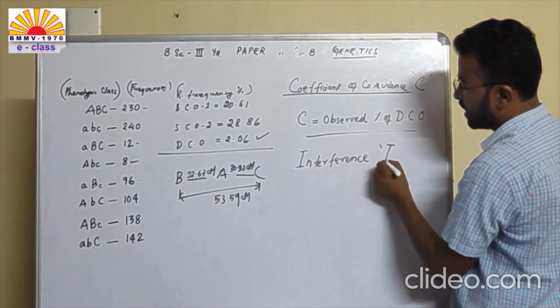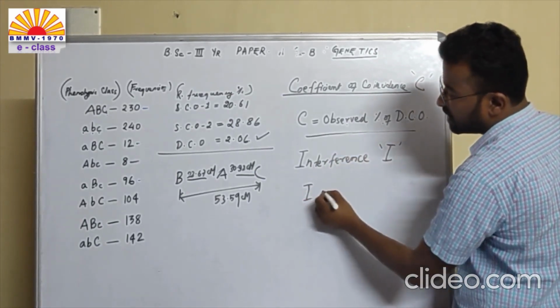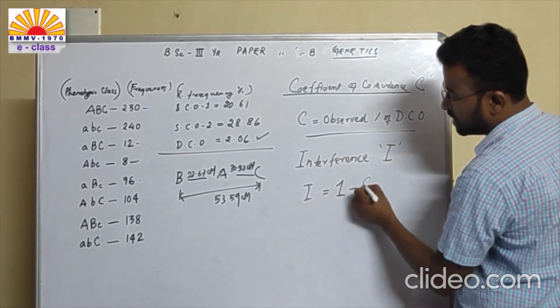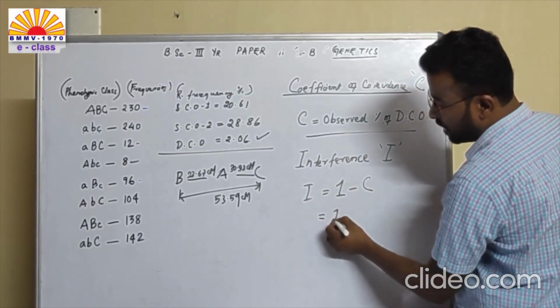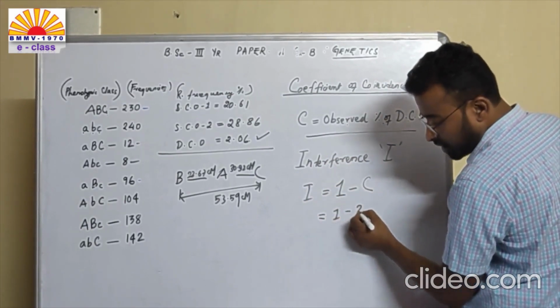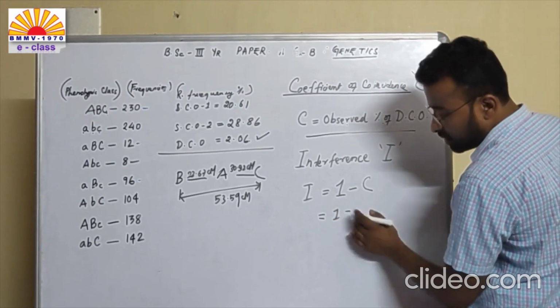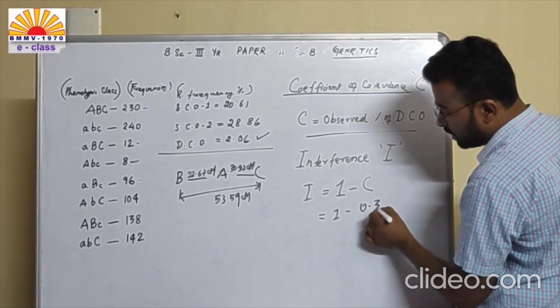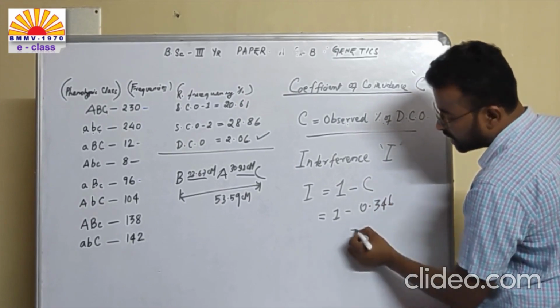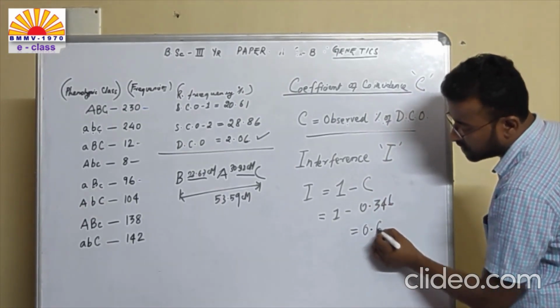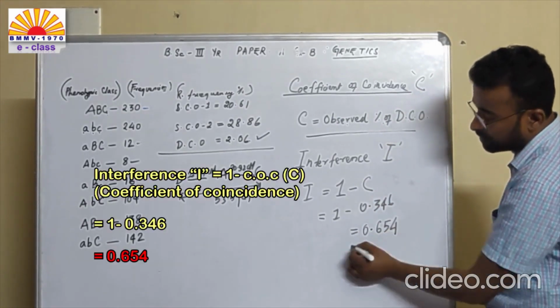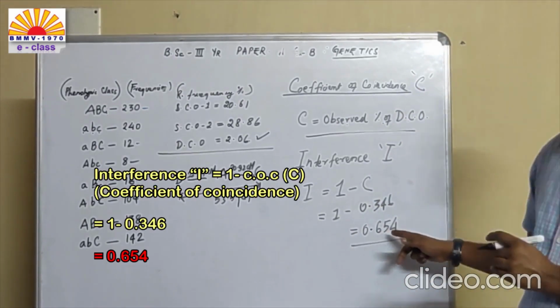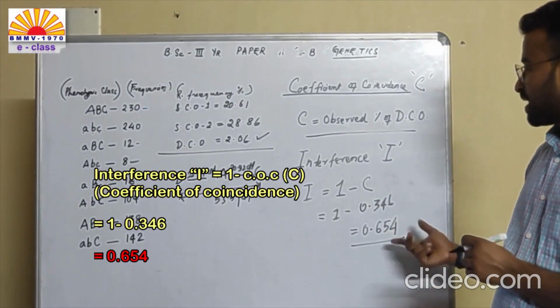Interference is represented by I. Interference is equal to 1 minus C, which is 1 minus 0.346, equal to 0.654.